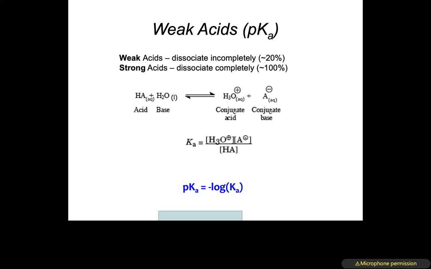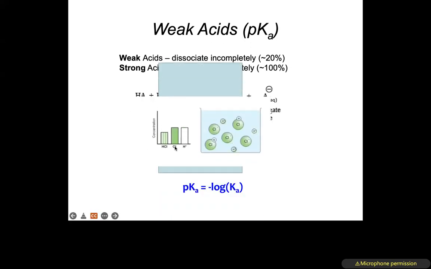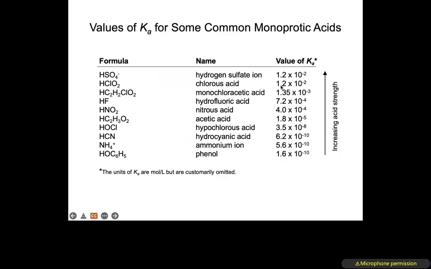Look at here. We can see HCl, hydrochloric acid, which is a strong acid. When it dissociates in water, it completely dissociates and is surrounded by water molecules. These are some Ka values. You can see that the higher the Ka value, the higher the strength of the acid.